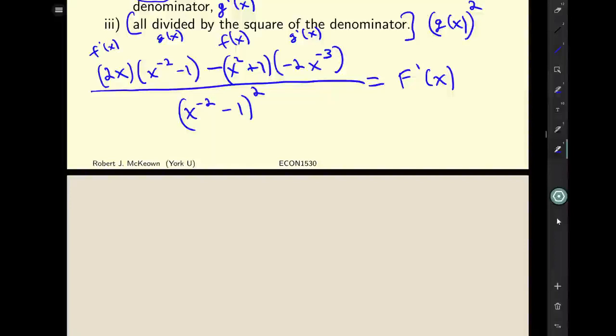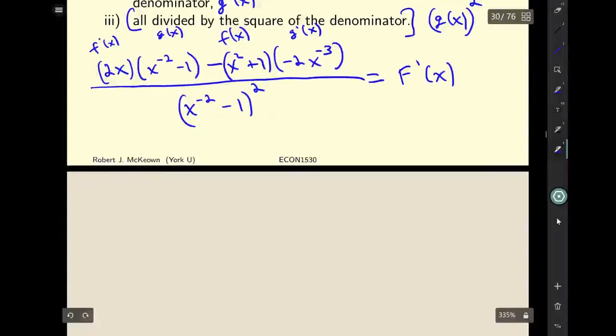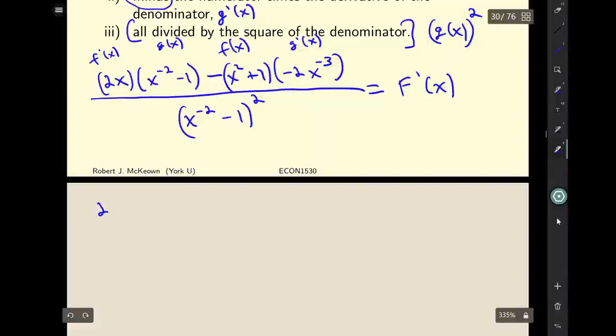Here I'll try and clean it up just a little bit. And so we can multiply out these brackets, and I'm going to get 2x to the negative 1 minus 2x. Then I'll just put a negative sign there, and I'm going to have a plus 2x to the negative 1.